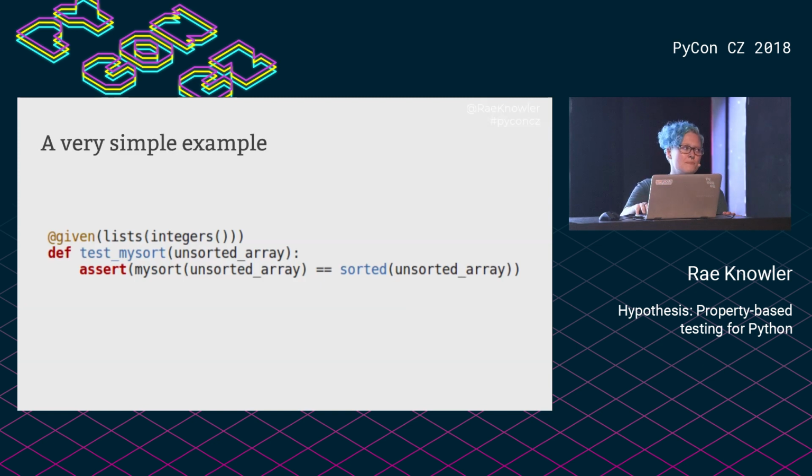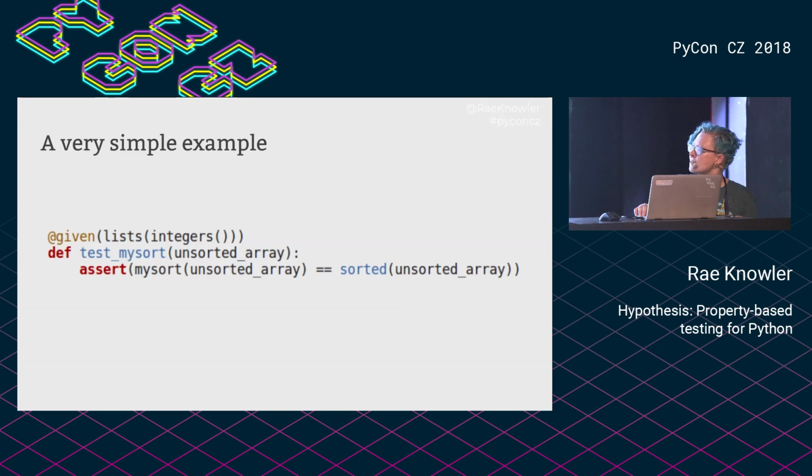The Hypothesis-specific line in this example is the given decorator. And actually what I should have said is to install Hypothesis, you just do pip install hypothesis. And then you import from Hypothesis in the imports line of your code, as you would expect.